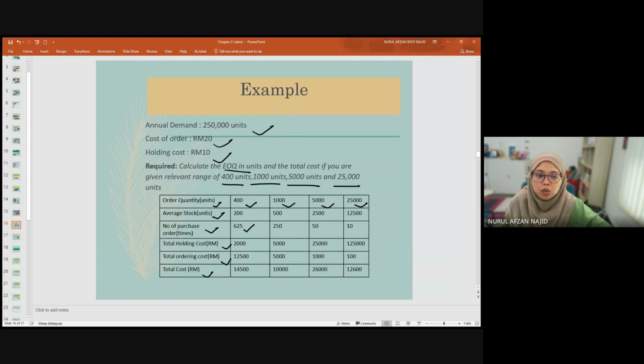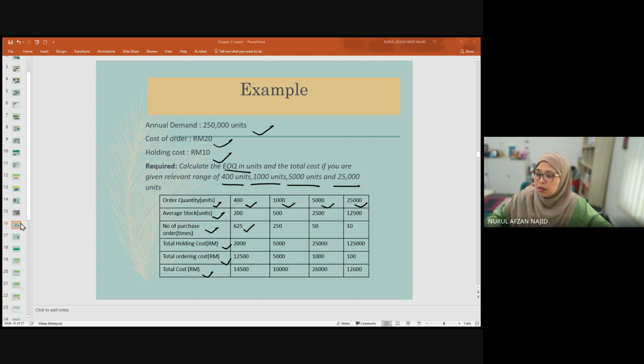AD bahagi OQ. Good. You dapat tak 625? AD dia 250,000. OQ dia 400. Did you get the 625? Dapat tak? Good. Okay. Dapat. So that is how you calculate the number of purchase order.